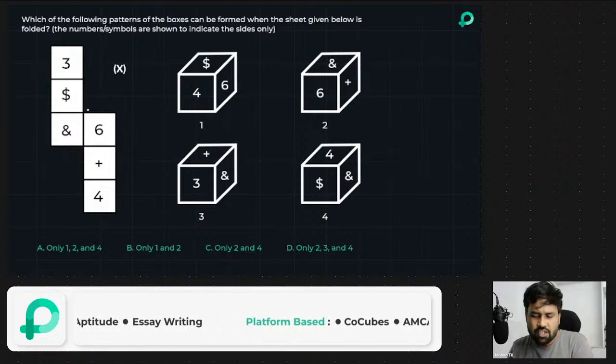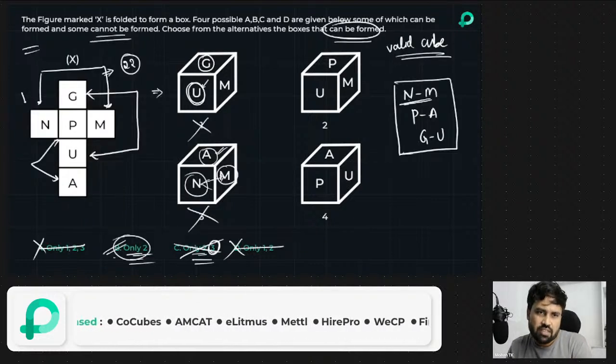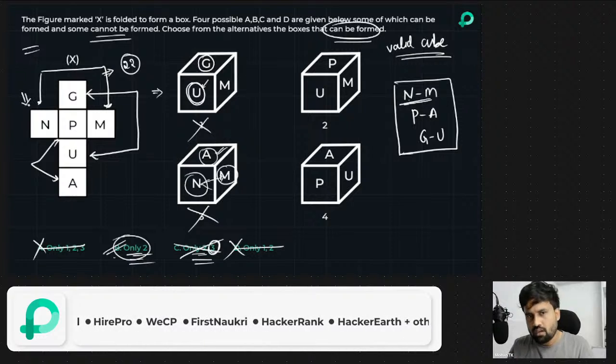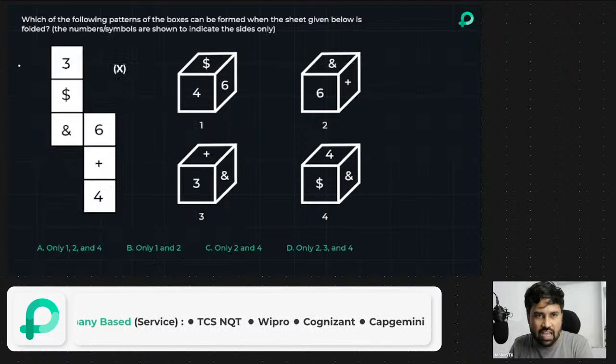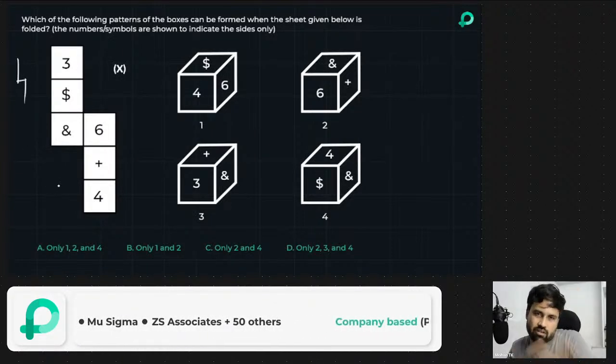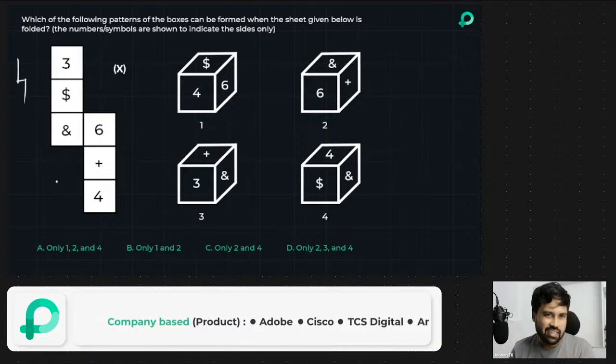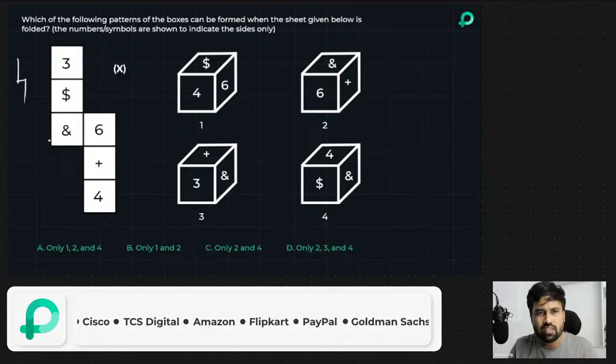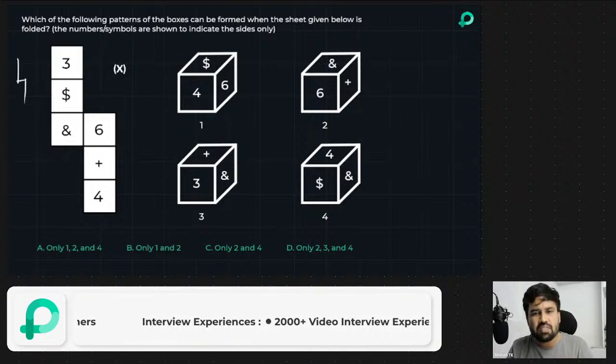Look at the shape. In the previous question, we had a plus type of symbol, and here we have a Z shape, which is inverted or turned anti-clockwise 90 degrees, whatever it may be. So it is some kind of this shape. By using different shapes, they will tease you or confuse you.